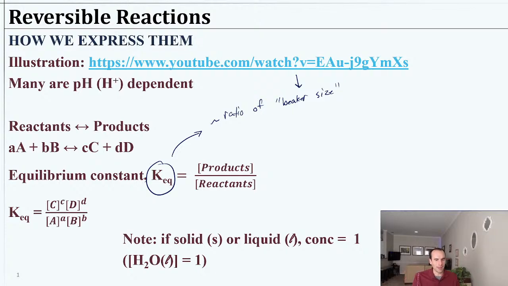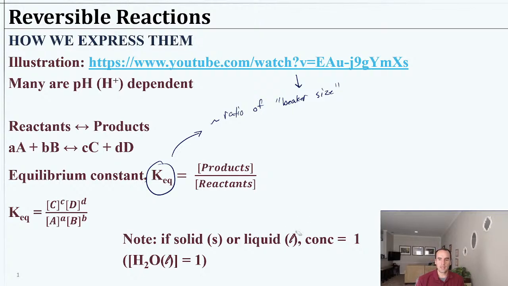And the way we set that up mathematically, as we talked about last time, is the product of the products multiplied to each other divided by the reactants multiplied with each other. So the product of the products over the product of the reactants. And we have to include the superscripts if we have any difference in the number of moles for the given reaction.